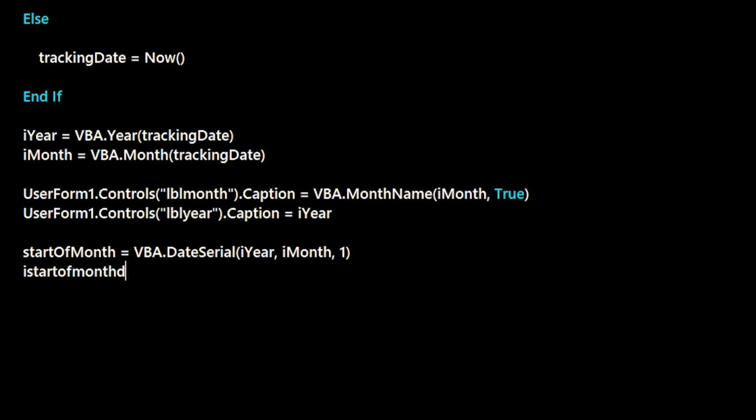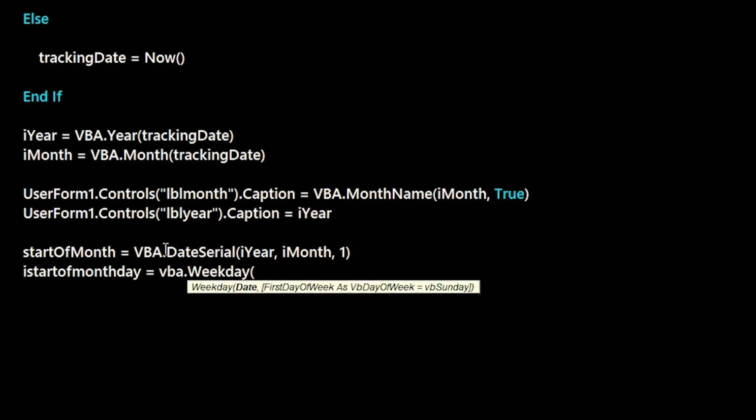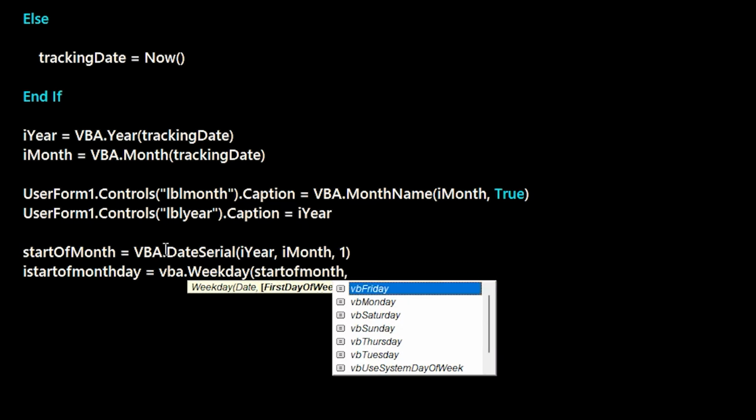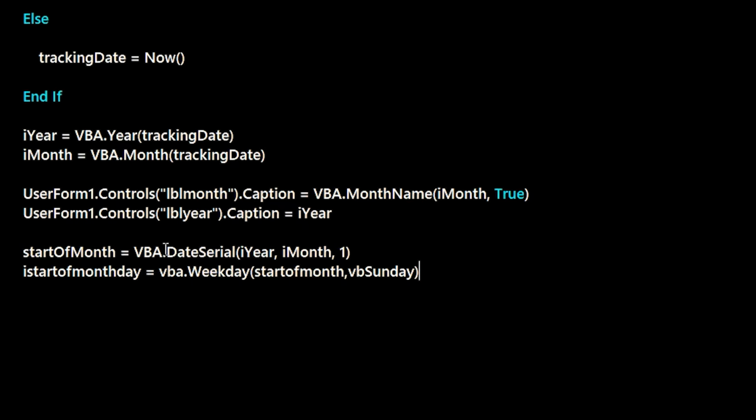We can use VBA.Weekday and then pass in the first of the month, and then we'll get back an integer of what day of the week that is. For me, I'm going to use vbSunday as the start day for my week. You could change that to Monday, though, if you prefer.